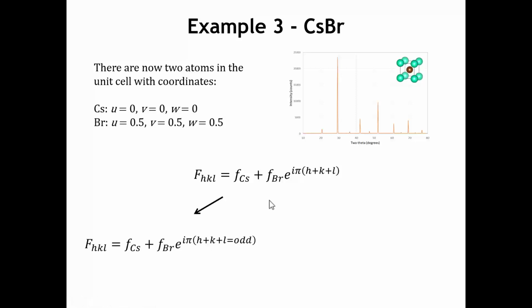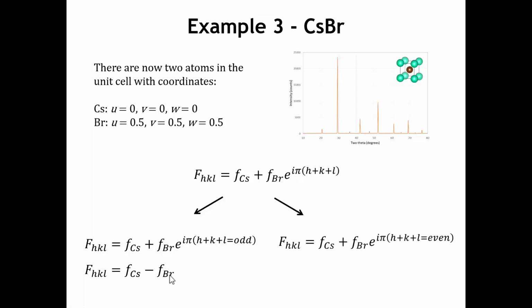Now, we still have the same kind of effect of sorting the peaks into those where h plus k plus l is an odd number and those where it's an even number. When it's an odd number, that exponential becomes -1, and we see that our structure factor is the form factor of cesium minus the form factor of bromine. Right? So they are destructively interfering, but because the two waves have different amplitudes, they don't entirely cancel out.